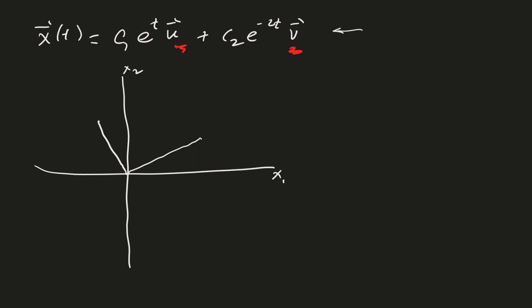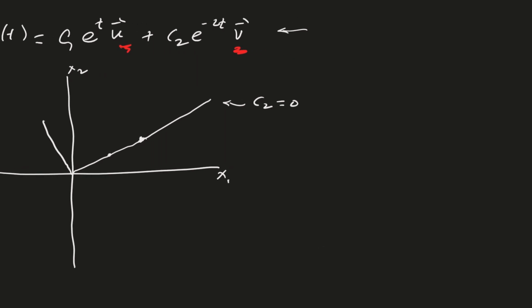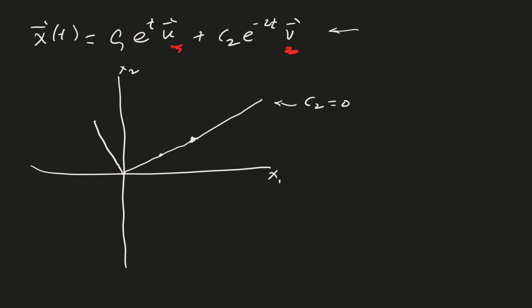Now if I start my solution anywhere on the u vector, that means that C2 is going to be equal to 0, right? And so which direction am I going to travel in time if I fix C1? So for example, this might be C1 equals 1, this might be C1 equals 2, C1 equals 3, and so on.